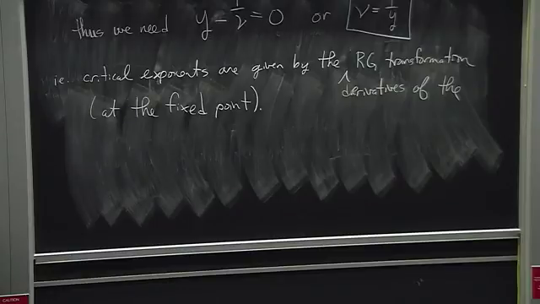So 1 over nu is this thing here. So you can trace the existence of the fixed points to the assumption that this thing is differentiable. You need R to have R prime. If you have R prime, you have a critical exponent.